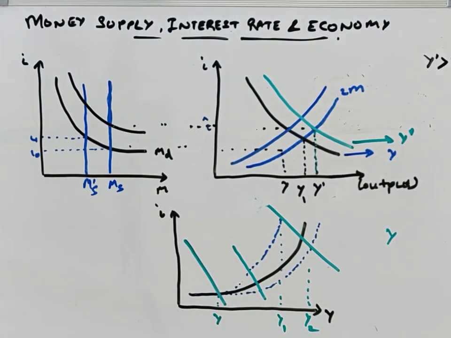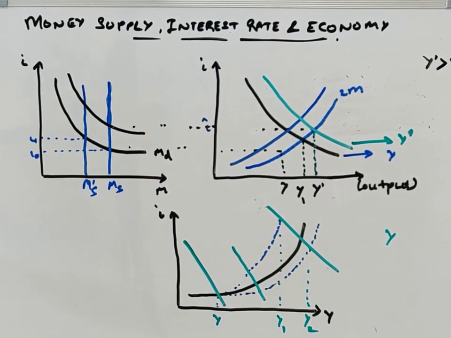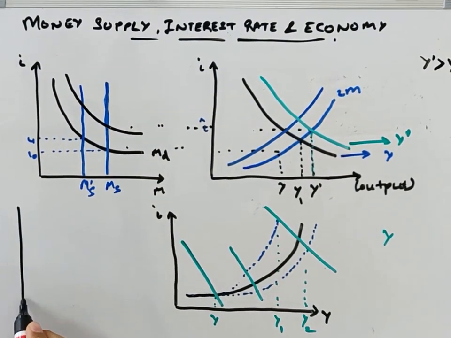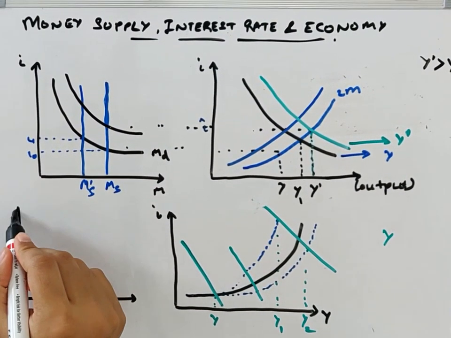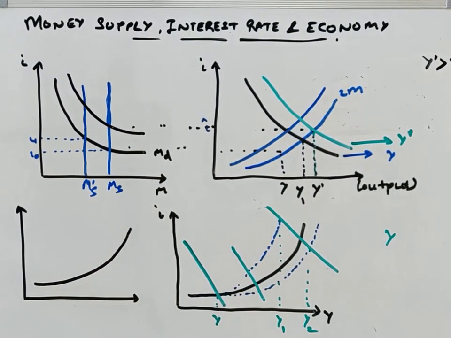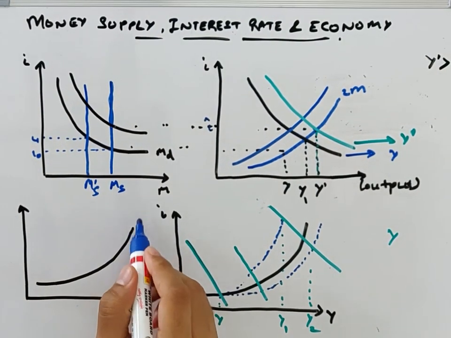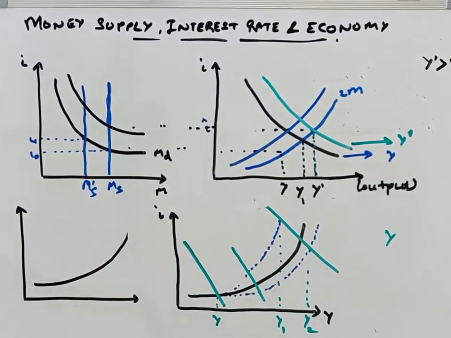Now let's see how does the fiscal policy work in the same scenario. This is the curve for money supply.